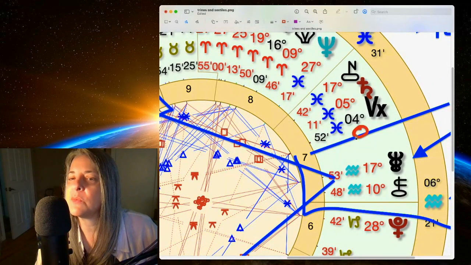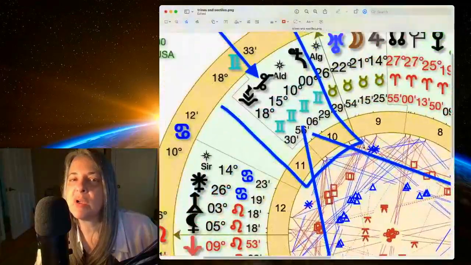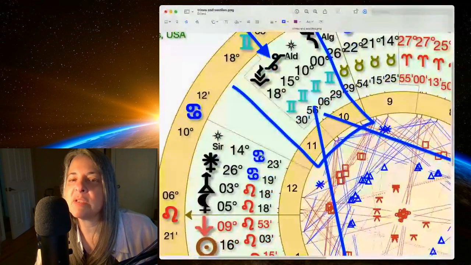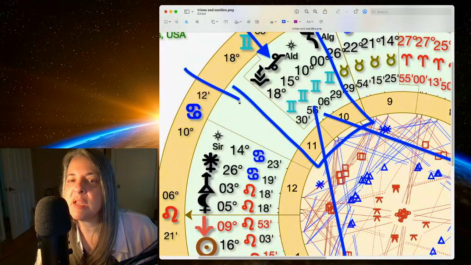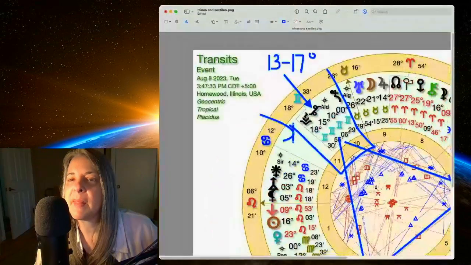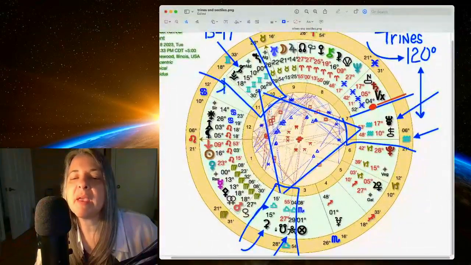Then we look for 29 degrees in air over here. Do we see anything? No, there's absolutely nothing. So we don't have anything trining Huamea.